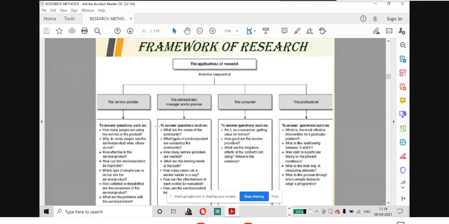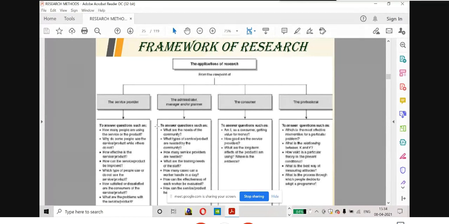Then, how effective is the service or product? Then, how can the service or product be improved? Which type of people use or do not use the service or product? Then, how satisfied or dissatisfied are the consumers of the service or product? What are the problems with the service or product?